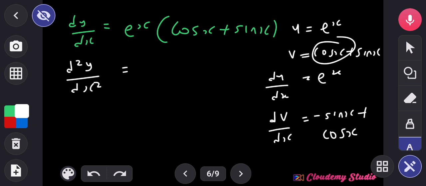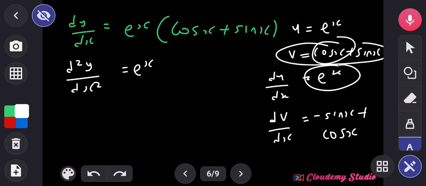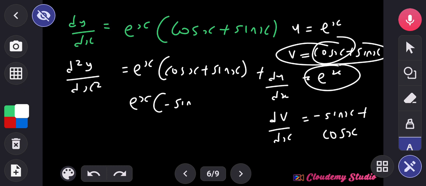You understand? v du, that is v multiplied by this, that is exponential x multiplied by cos x plus sin x, right? Plus u dv, that is still exponential x multiplied by minus sin x plus cos x. So I have this. I just add both of them together.